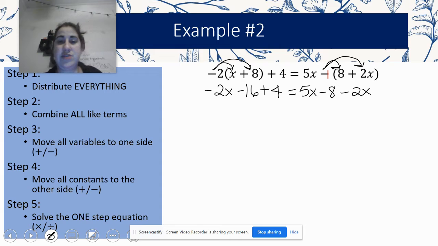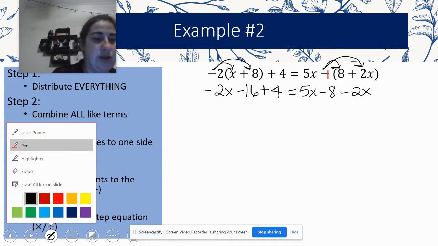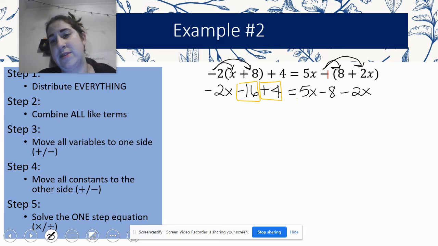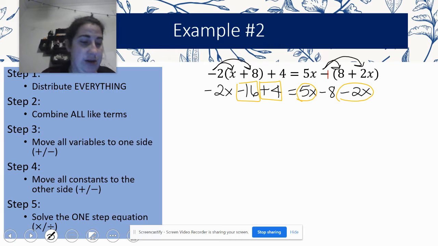All right, so I have some terms to combine. I'm going to use a different color. I have negative 16 and positive 4 on this side of the equal sign, and on the other side I have my terms with x's that I need to combine. So over here, I have negative 2x, and then I have to do negative 16 plus 4.